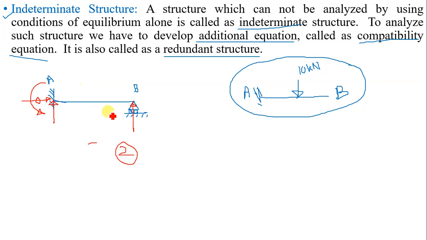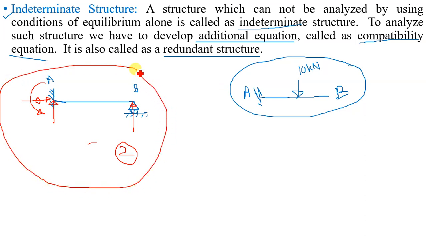So this is a propped cantilever. A propped cantilever is an indeterminate structure, which cannot be analyzed using conditions of equilibrium alone. Now to solve this problem, we need one more additional equation, and that equation is called the compatibility equation, and here we need VB, that is the force.